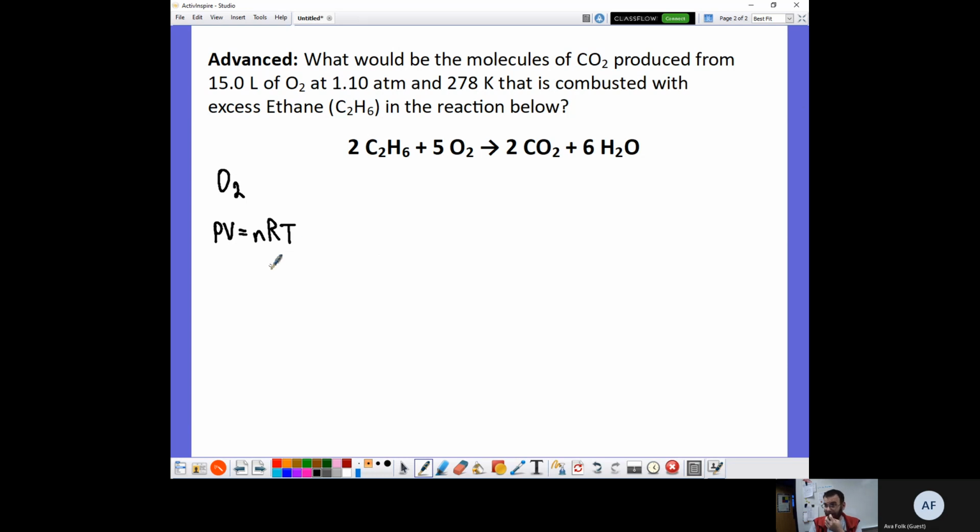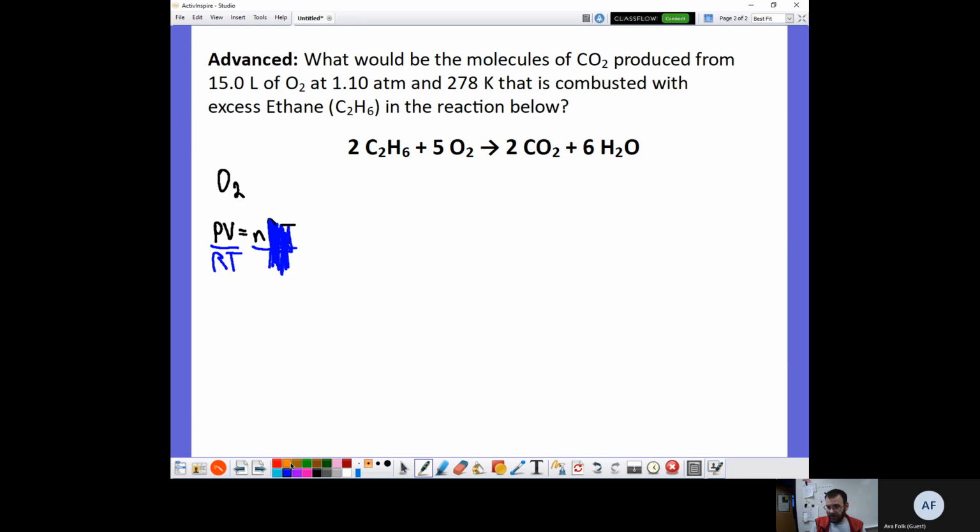All right, now what I want is the moles again. And this is very common, that when we use PV=nRT, we want the moles. So it's going to be divide both sides by RT, like we have done before. And that gets moles all by itself equals PV over RT.